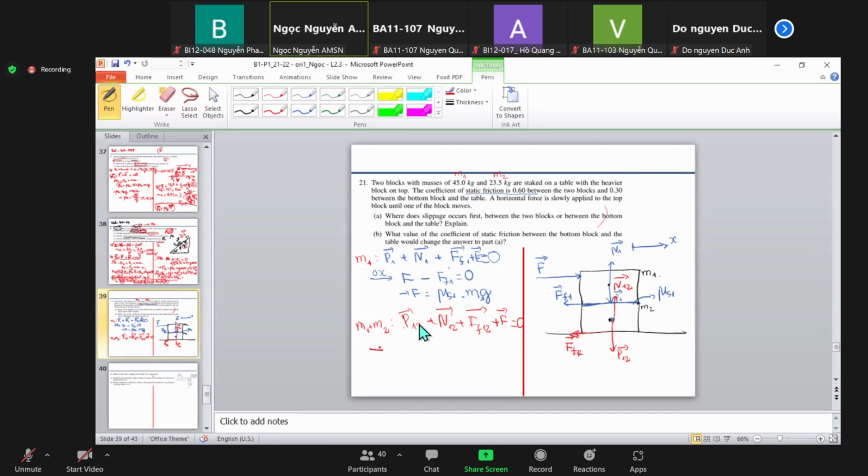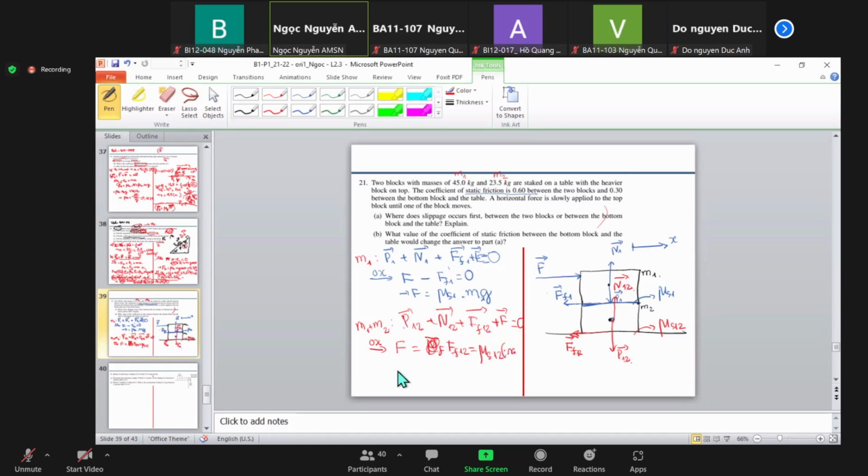And if you project equations on OX, you have the same F will be equal F12, okay, is equal mu S2 here, multiplied by the normal force, and N12 will be equal P12, right?